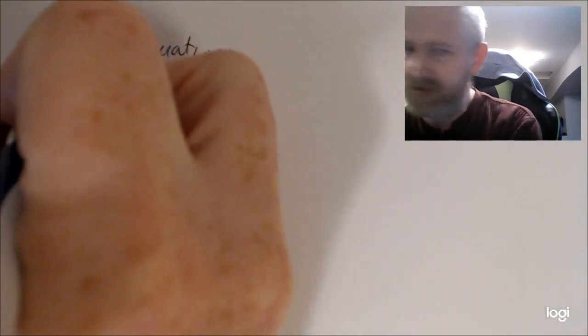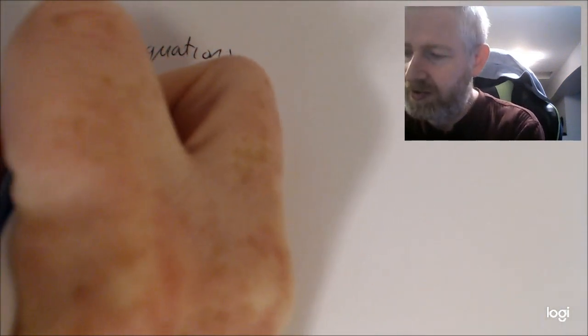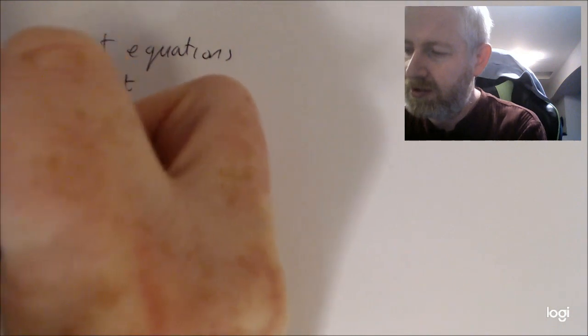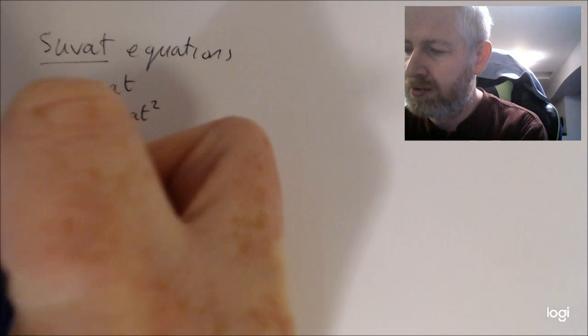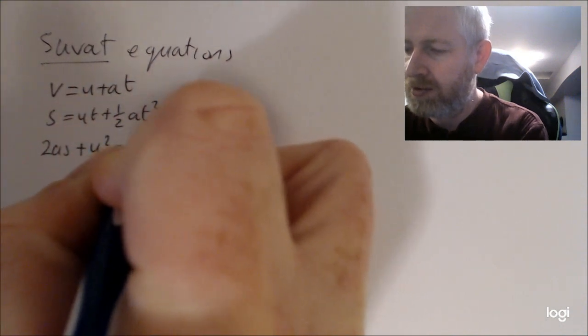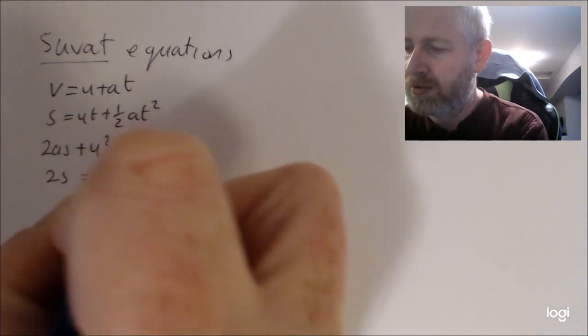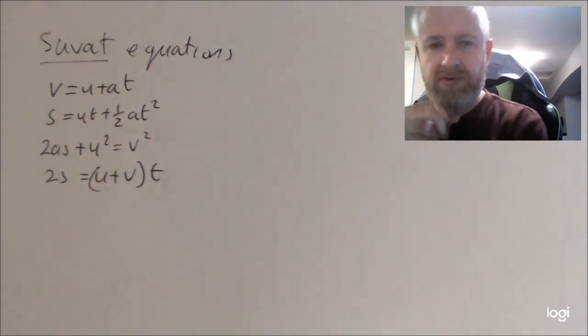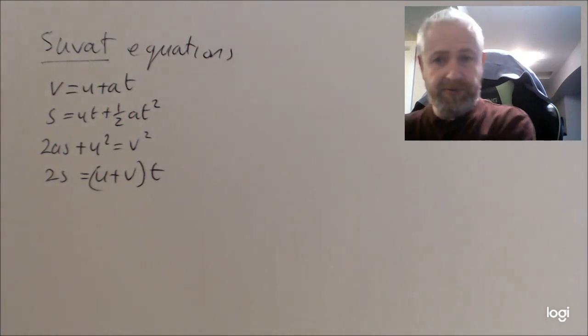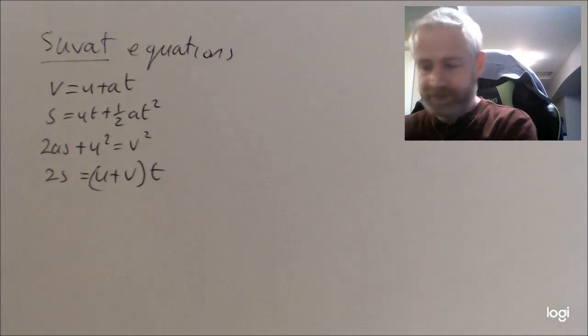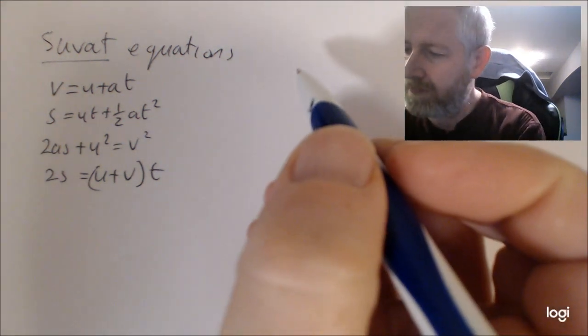And Suvat equations were given by those equations there. So that's the Suvat equations. We've got v = u + at, s = ut + ½at², 2as + u² = v², and 2s = (u + v)t. All right.